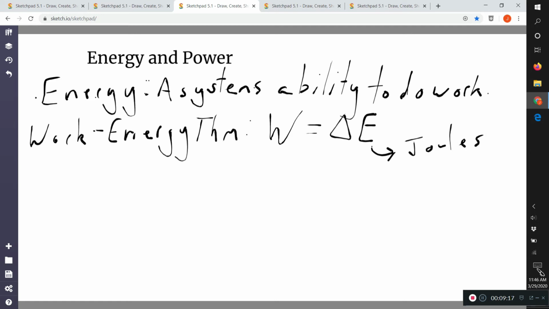Now, when we talk about energy, there's a lot of different types. The first one we're going to talk about is kinetic energy. Kinetic energy is the energy of motion.